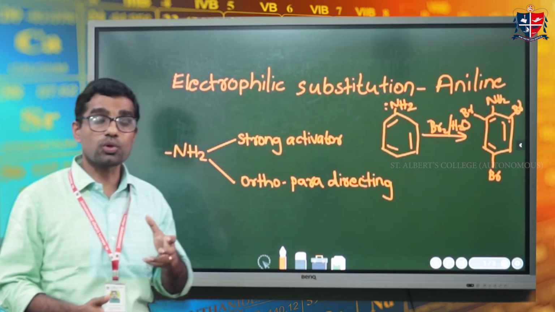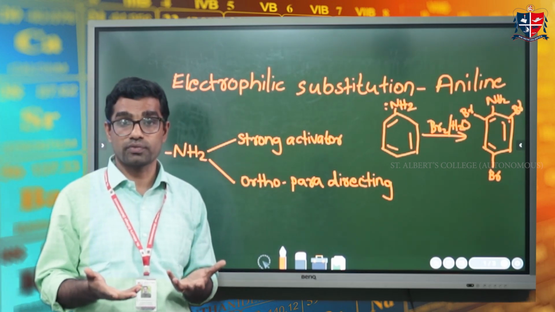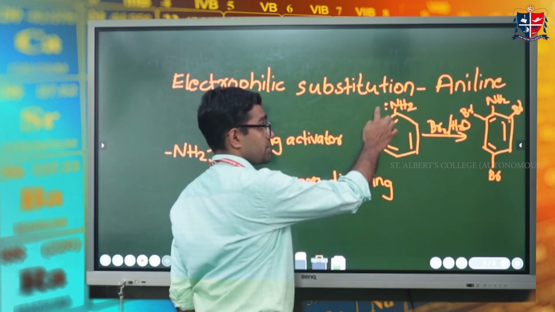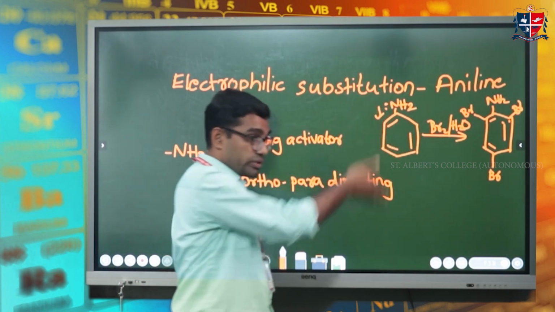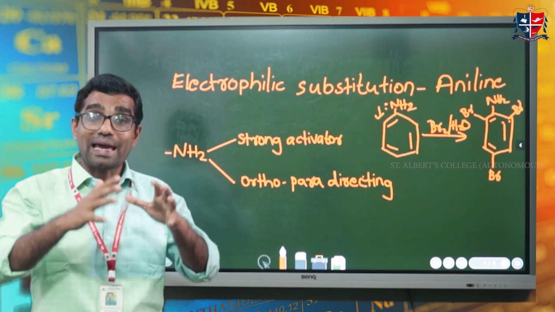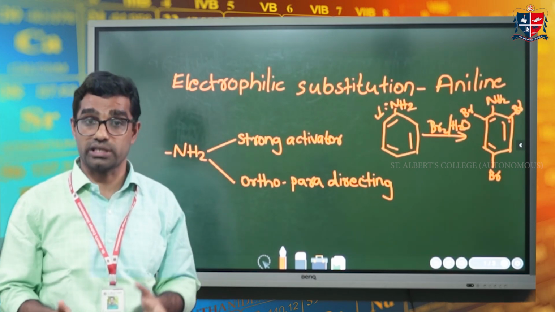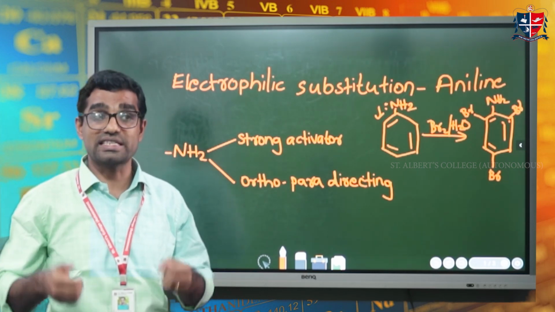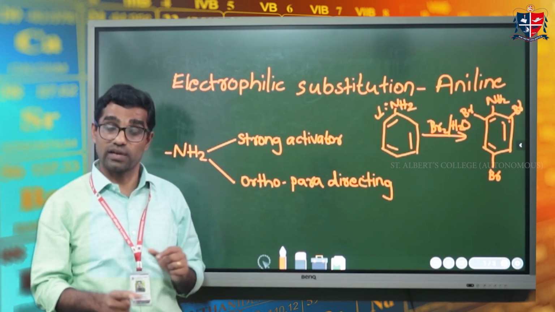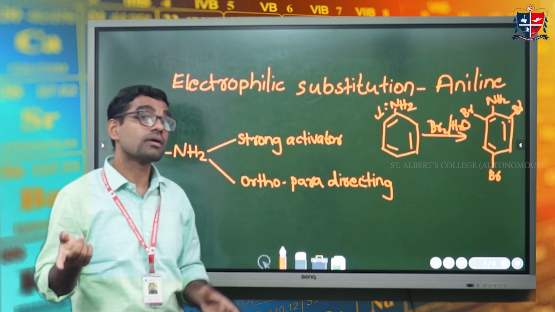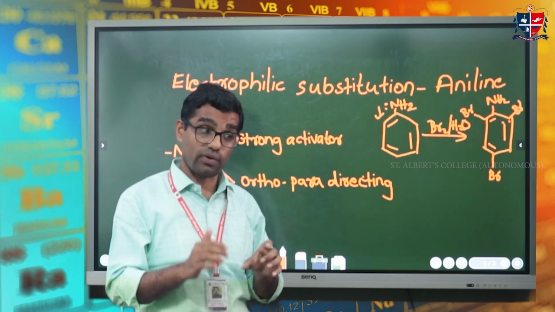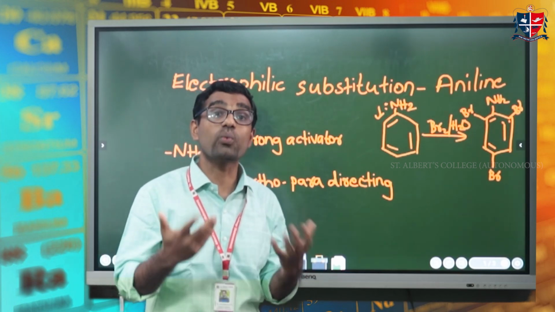So why is the amino group a strong activating group? We know that the amino group has a lone pair of electrons, which can be donated to the benzene ring. It is known as pi donation. So the electron density, the negative charge density inside the benzene ring, increases, which will facilitate the attack of an electrophile, an electron loving species.